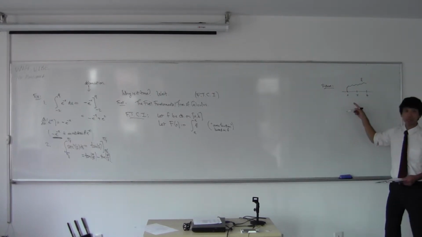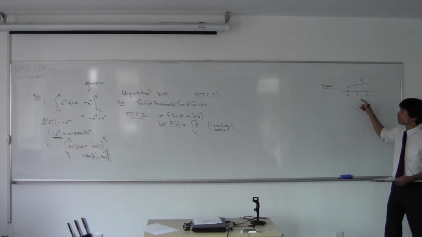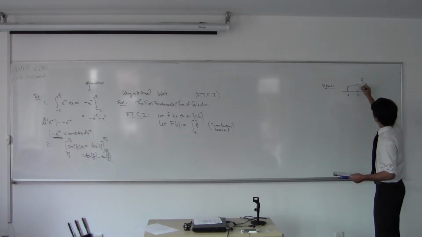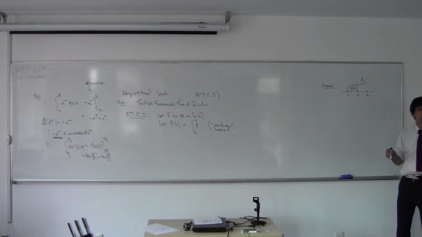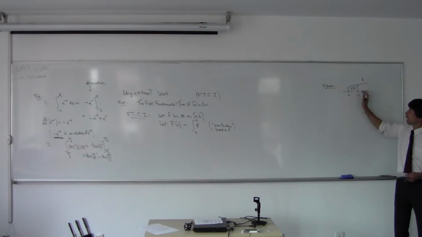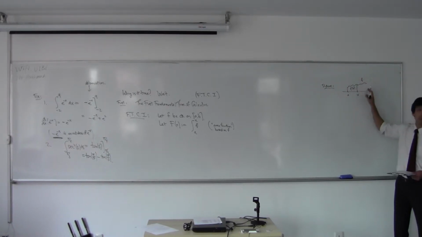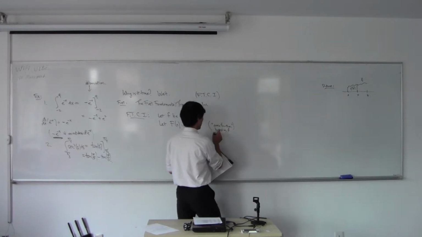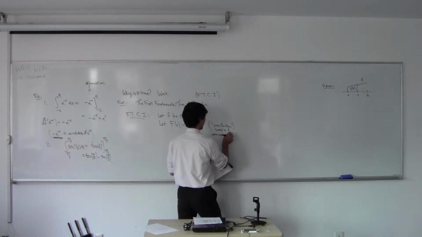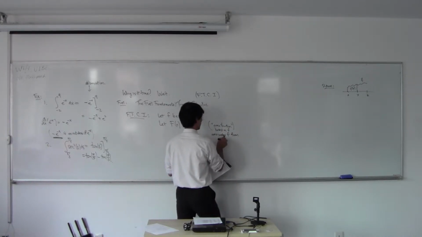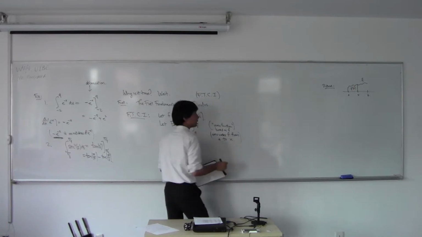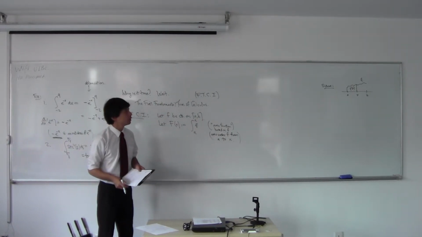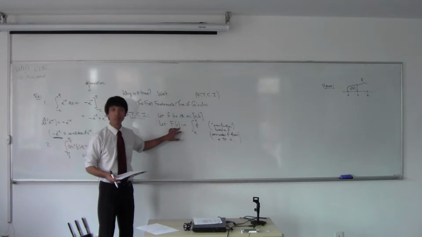So if somebody says, what's big F of x? It's the area, it's this area. Big F of x is the area from a to x under little f. Okay, that's what this big F function is.